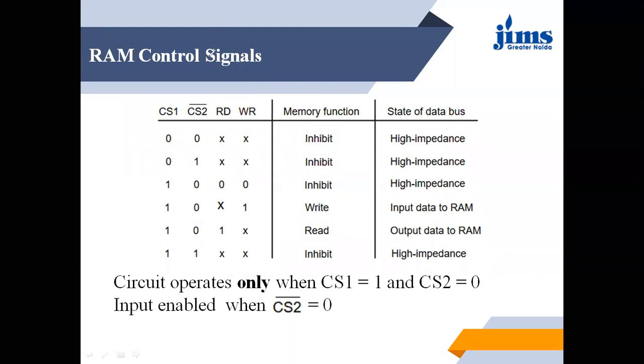See, instead of CS2, I am directly taking CS bar. For example, you can consider that this is A and this is B. Over here we are giving an input that is CS bar.